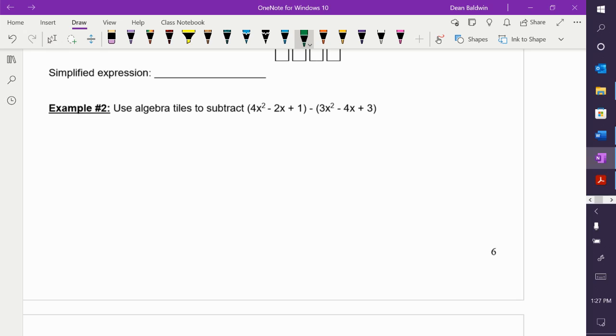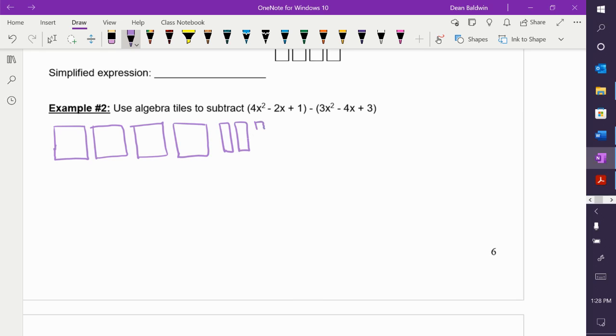Draw the algebra tiles for that, please. Draw both polynomials, actually.